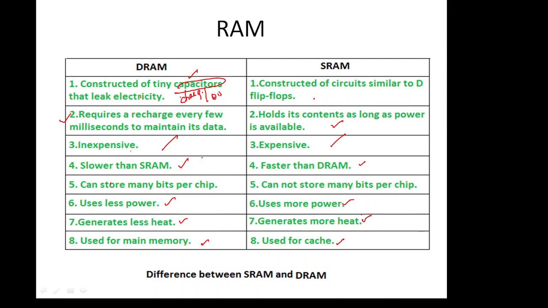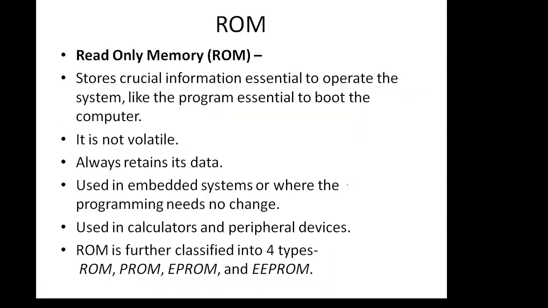Because in a capacitor, charging and discharging action takes place. So we need continuous recharging of those capacitors. When it comes to flip-flops, there is no need to do that. As long as the power is there, the contents are going to be available. So that is the classification of static RAM and dynamic RAM.